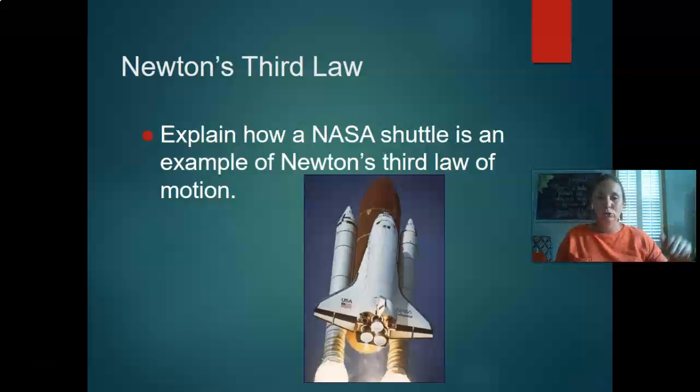SpaceX has been able to launch these into the sky and then bring them back down on a landing pad to be reused, which is super smart because they're saving a ton of money that doesn't have to go into rebuilding these rockets. We'll talk about the advantages and the technology behind it.